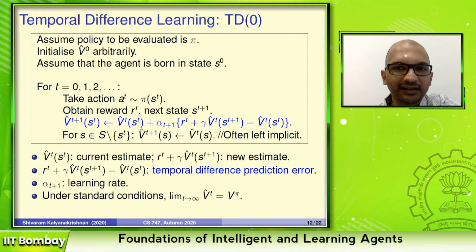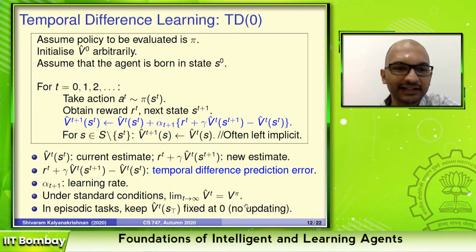I don't think I said it earlier, but it goes without saying, maybe, or it's proven, of course, that this way of bootstrapped updating will also have you converge to VPi in the limit. Okay, so as you get more and more data, you keep doing TD0 updates, you will eventually reach VPi. In terms of implementation, just one note.